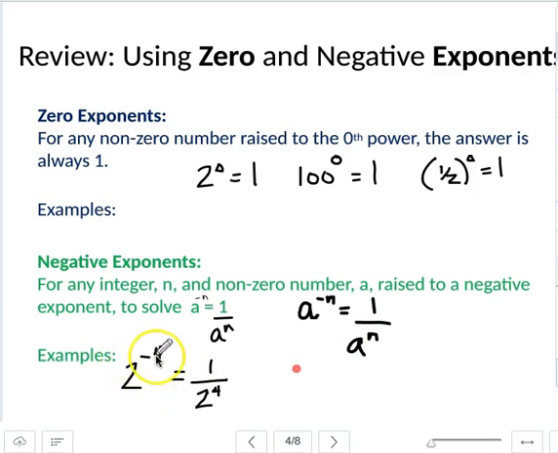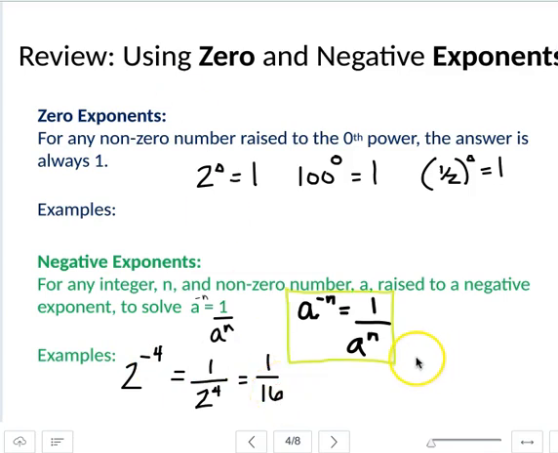So 2 to the negative 4th, we flip it to its reciprocal, we get 1 over 2 to the 4th, and then remember 2 to the 4th is the same thing as saying 2 times itself 4 times, and 2 times 2 times 2 times 2 is 16. So 2 to the negative 4th is actually equal to 1 over 16.